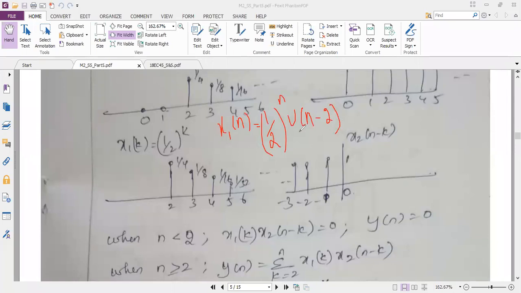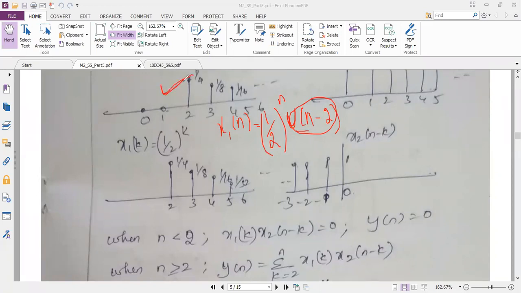Where has that u of n minus 2 gone, I am asking. From 2 we are drawing the graph, ma'am. And what is the specialty of u of n? U of n value is equal to how much? 1. Okay, good.